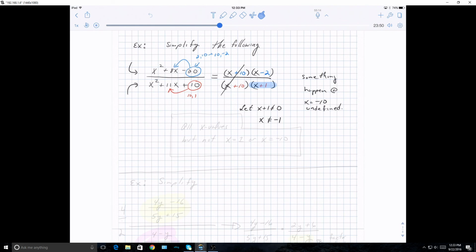So what we could clearly say is that we can take all x values, but not x equal to 1 or x equal to negative 10.